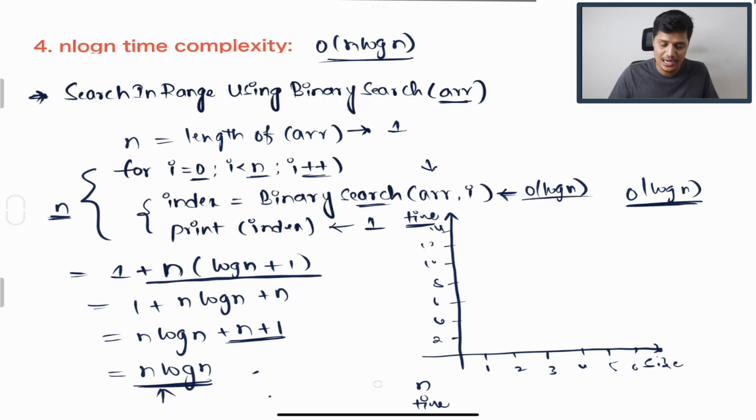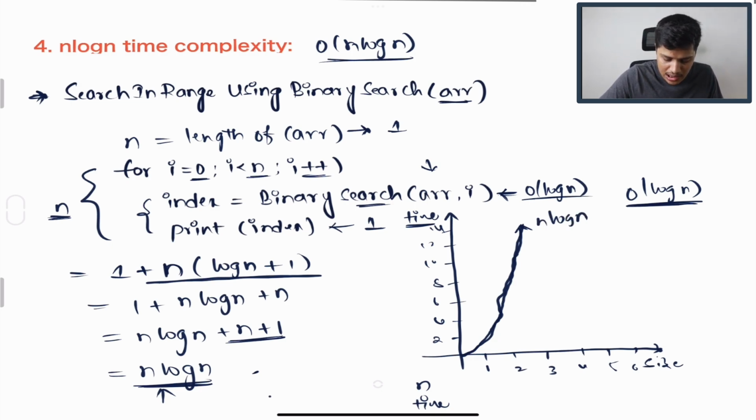You can find the n into log n value, and if you try to draw that graph, it will look something like this. It will be somewhere between order of n and order of n square. It will be lying somewhere in between. What I mean by that is, this is order of n log n.